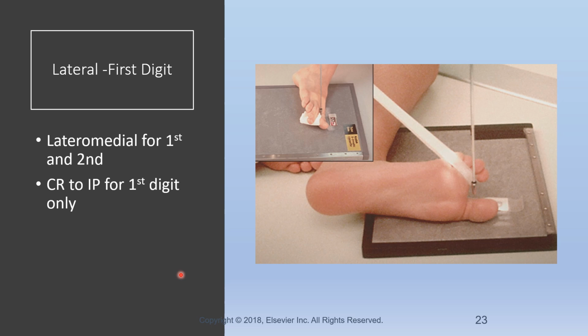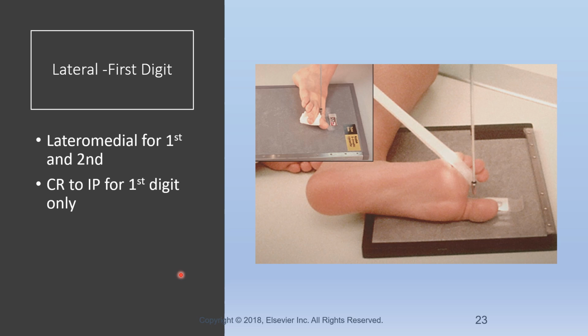So lateromedial projection for the lateral on the first and second digit. When you're looking at the third, fourth, and fifth, it will be a mediolateral projection.